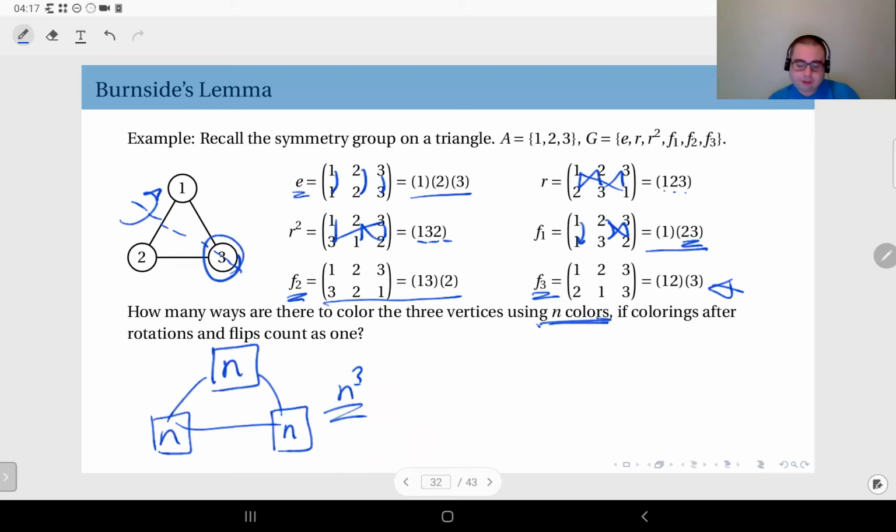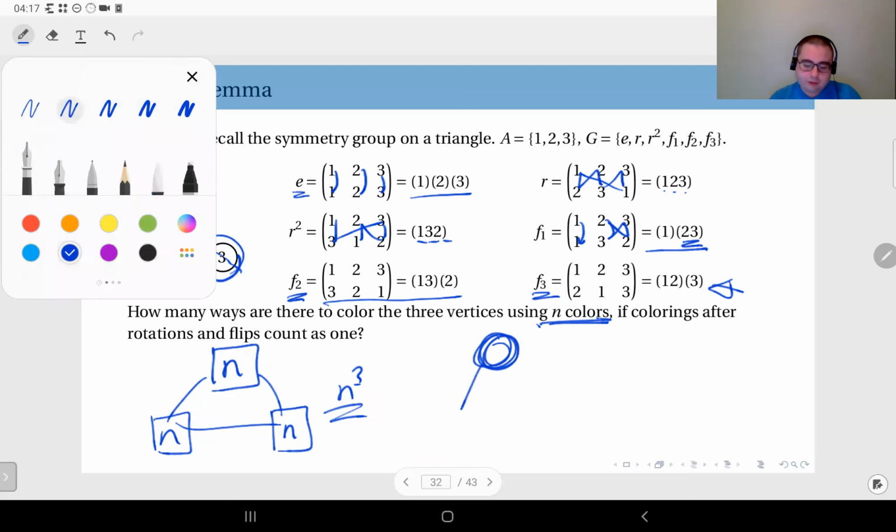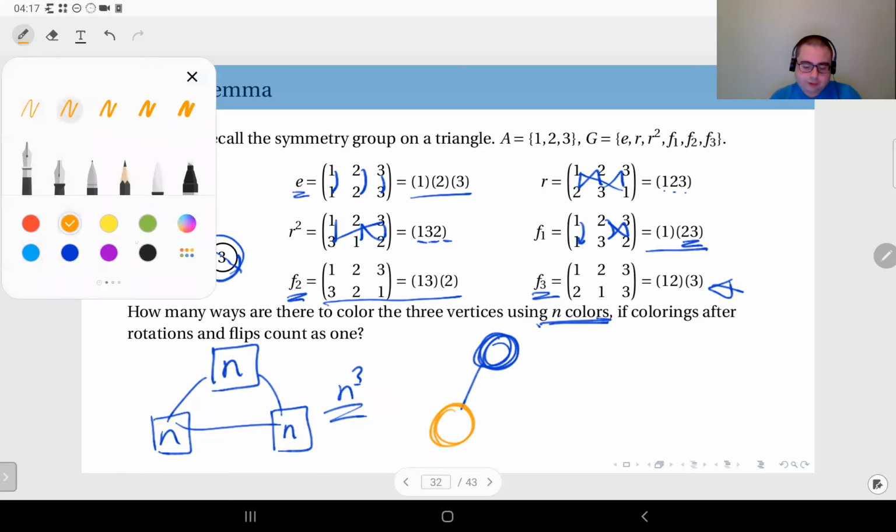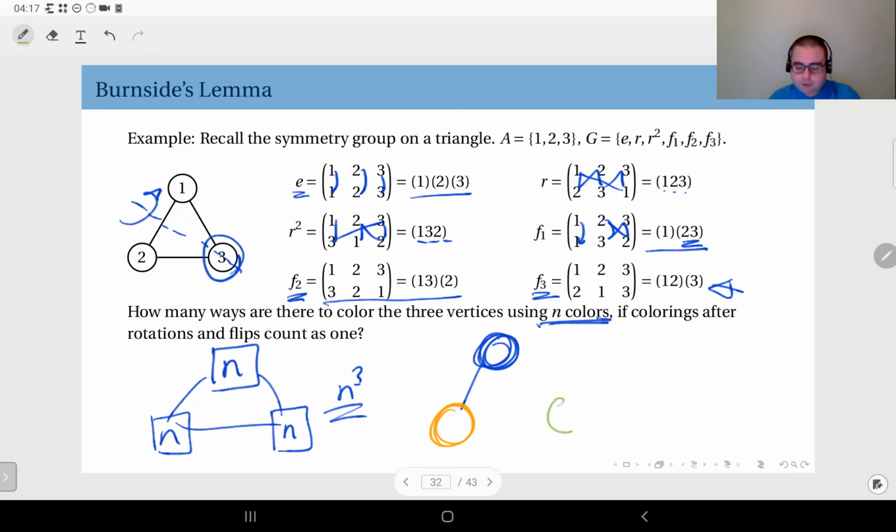However, here, let's say this is blue, and let's say this one is orange, and let's say I have another green one. Okay, and let's look at this one. This is blue.